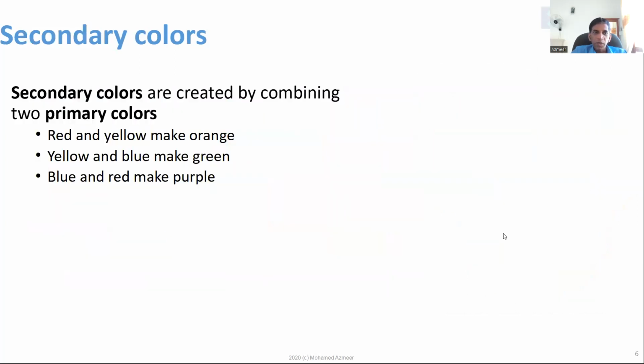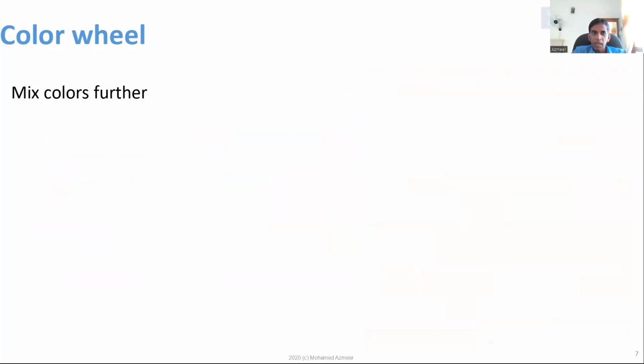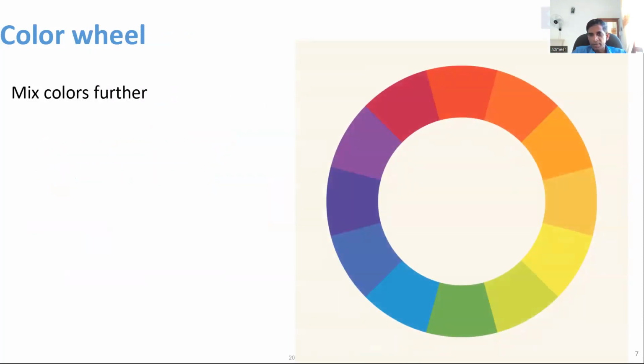Now we go beyond that to understand the secondary colors. Secondary colors are what is in between the primary colors. Here, what we do is we combine the primary colors and the secondary colors to generate something called the color wheel. Now, you can see the shades are moving nicely. In fact, we go beyond that to get this one.